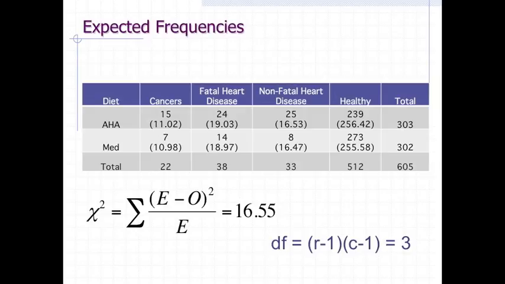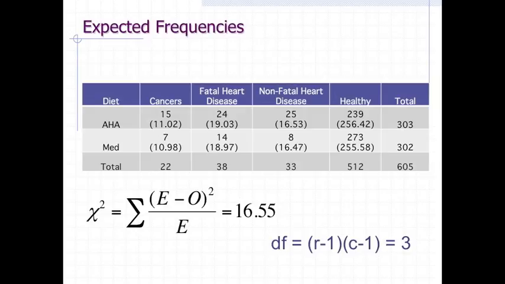The degrees of freedom are computed by multiplying the number of rows minus 1 by the number of columns minus 1. In this case, there are 2 rows and 4 columns, so we multiply 2 minus 1, which is 1, by 4 minus 1, which is 3, obtaining 3. In the formula, df stands for degrees of freedom, R stands for the number of rows, and C stands for the number of columns.